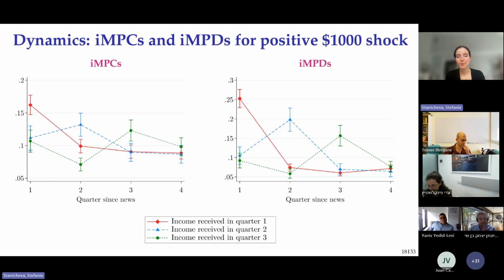You can see that there's both anticipation when you know the shock is happening, and also a non-smoothing. So you react more on impact, although you still react in other quarters. And so it's really not consistent with either of the super standard models.